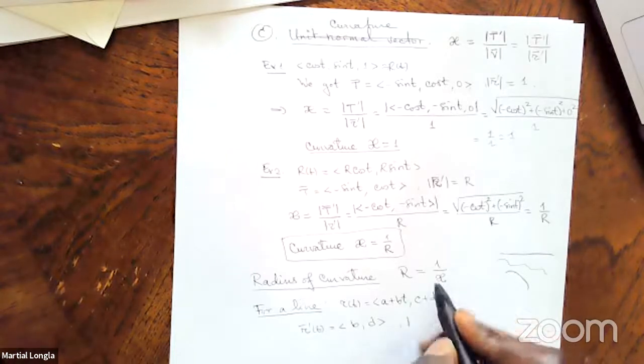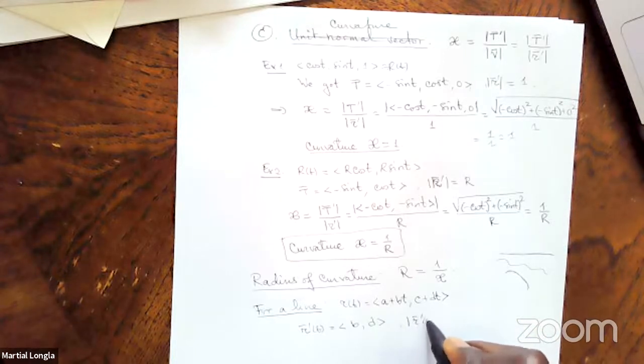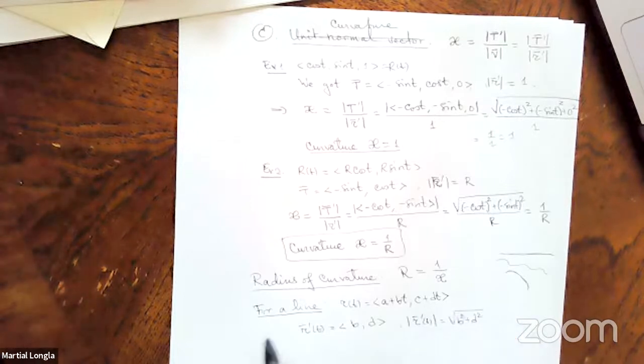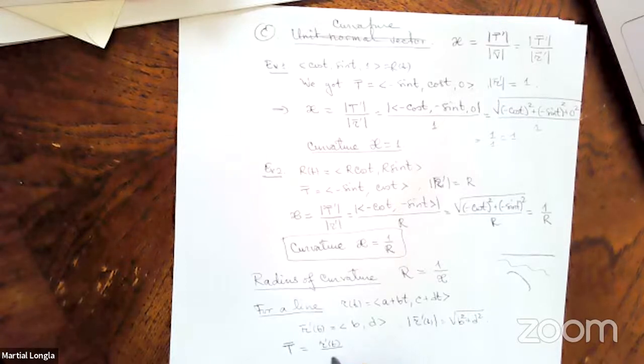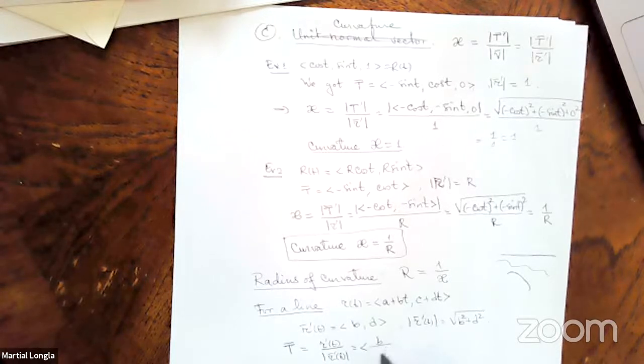So the magnitude of r prime of t is the square root of b squared plus d squared. And the unit tangent is equal to r prime of t over the magnitude of r prime of t, which is b over the square root of b squared plus d squared, d over the square root of b squared plus d squared. So this is the unit tangent vector for the line.